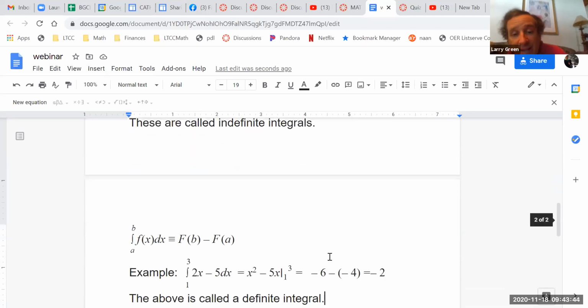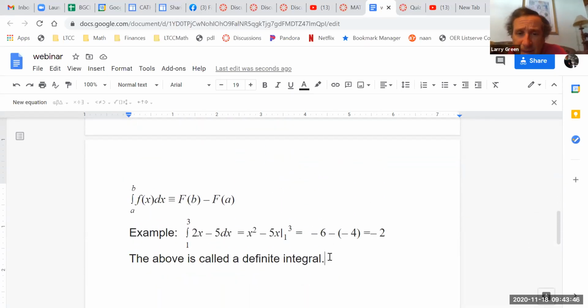You don't need a plus c here, because if we put the plus c, we'd have a plus c, and then we'd have a minus plus c. The c's go away, so it's just a waste of time. So in the end, there's no plus c. Anyone lost? And this is totally new, but this is what next quarter is doing. Okay, I'm making it look easy.